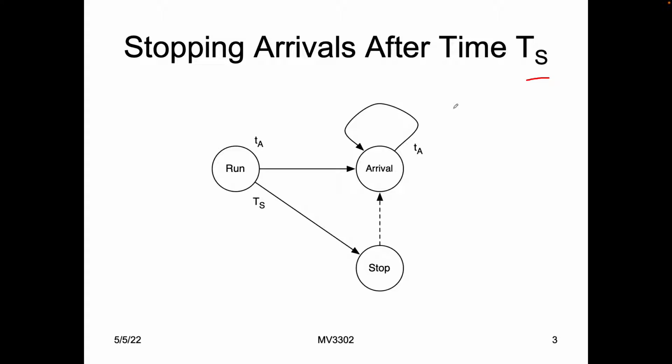So you don't want to just stop the model at that time. You want to stop the arrivals and then let all the customers that are inside out. This would be a mechanism for how you would do that. Here's the dilemma: it's actually a little more straightforward to stop after a certain number of arrivals.